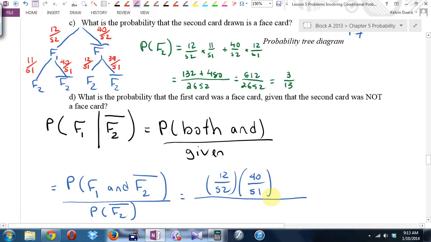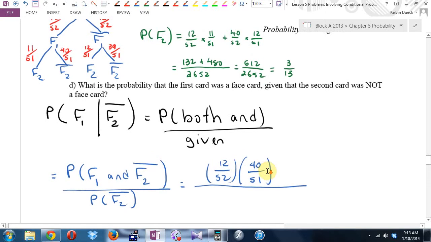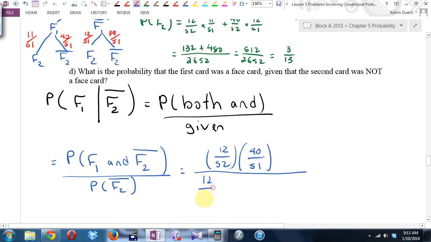I see a whole bunch of people copying, so I'm freezing the screen.